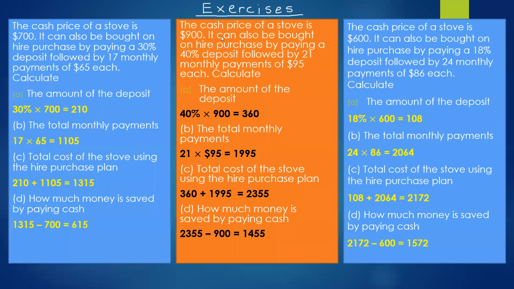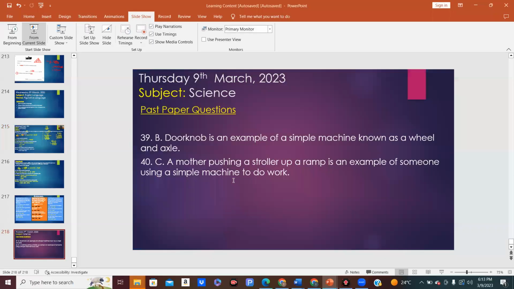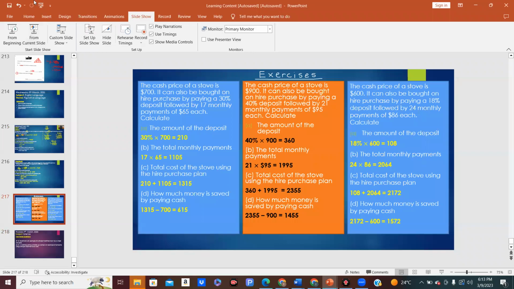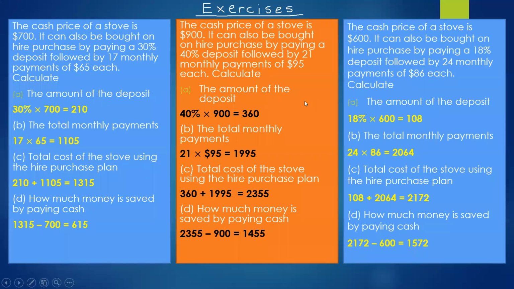Caleb, can you explain exercise 2? I'm sorry. Let me think about it. Exercise 2 says that the cash price of a stove is $900.